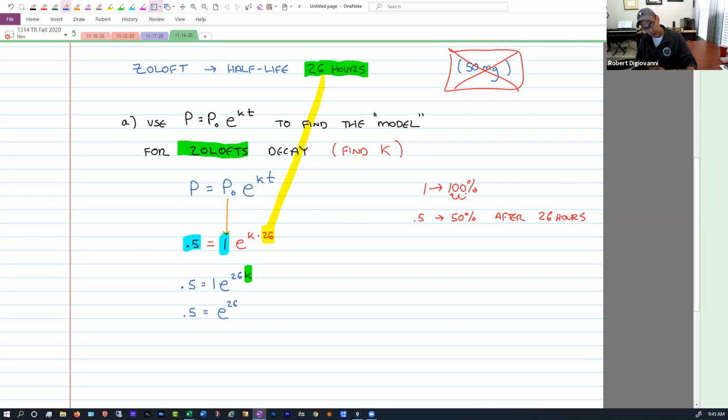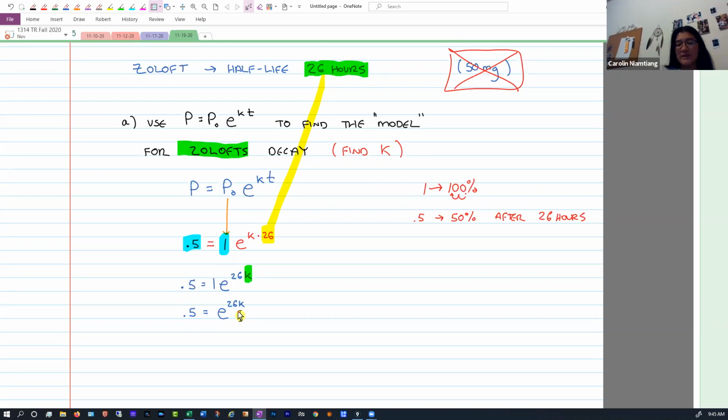So I can do this. And does someone want to tell me how I could get this K out of here? If I have E raised to the 26K, how can I do something to get that K to actually come down? How do you kill E?